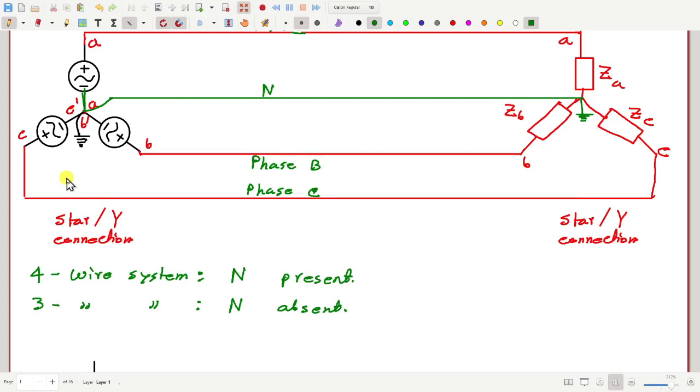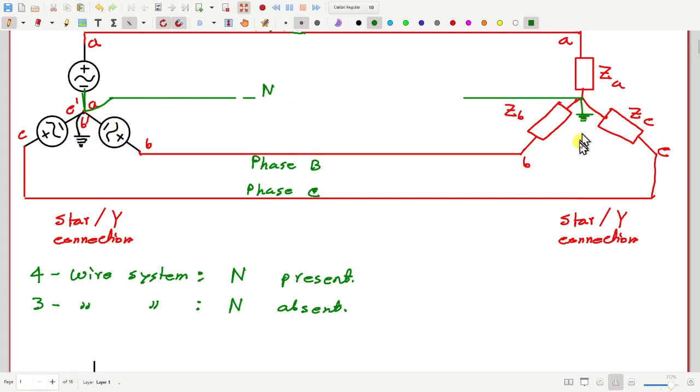Now, one more thing I should mention: suppose you ground both these star points, and you do not have this neutral line, then this is practically the same as a four-wire system, because this ground or earth will act as the neutral line, even if there is no explicit neutral line.